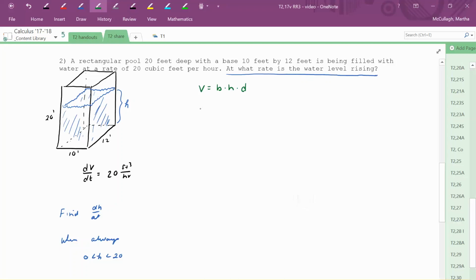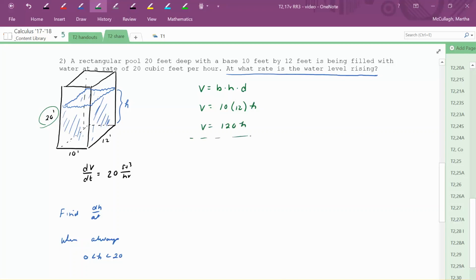Well, in this case, our base is 10 by 12 by, and now the height, we're tempted to put in this 20, but what we're interested in is the height of the water. So that's where the h is going to go in. As I say, it's tempting to put that 20 in there, but that would give us the volume of the entire pool if it was full of water up to the top. But we're looking at the water being filled, so the water isn't up to the top yet. So V is equal to 120H.